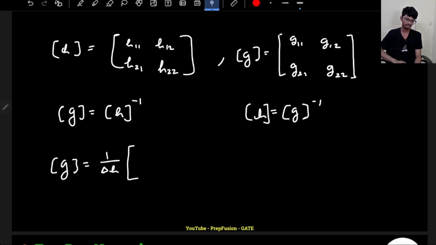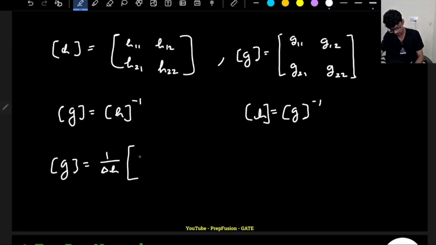If you don't know, what can I comment? You should know, right? I think in 11th only we study how to find the inverse of a matrix. So this will be H22, the main diagonal elements will be swapped. This is a shortcut for the inverse of a 2 cross 2 matrix, and the signs of the off diagonal elements, H12 and H21, will be changed. And here as well the same thing will happen.